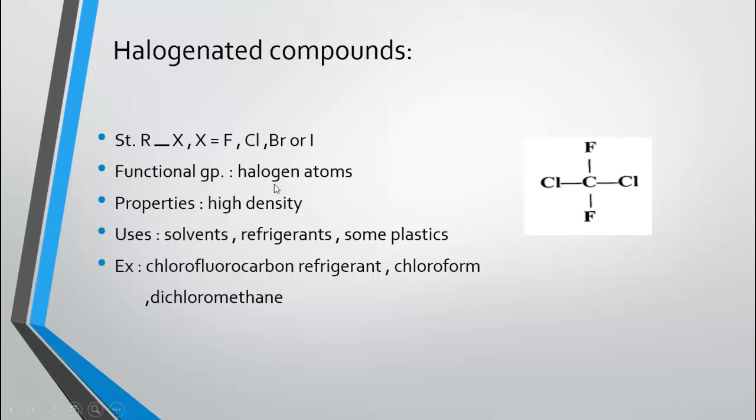The functional group is the halogen atom, it has high density, and we use it in solvents, refrigerants, and some plastics. For example, chlorofluorocarbon, chloroform, and dichloromethane. This is the structure of chlorofluorocarbon.